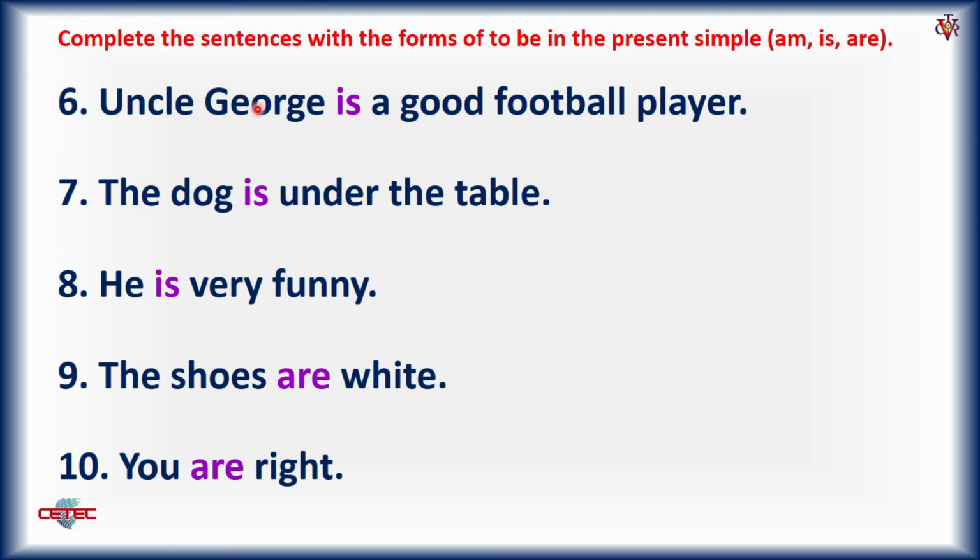Uncle George, it's only one person, is. The dog, it is. He, in singular, is. Shoes, more than two, plural, are. You, one to one, or one to other people. You are right. Perfect. Check your answers.